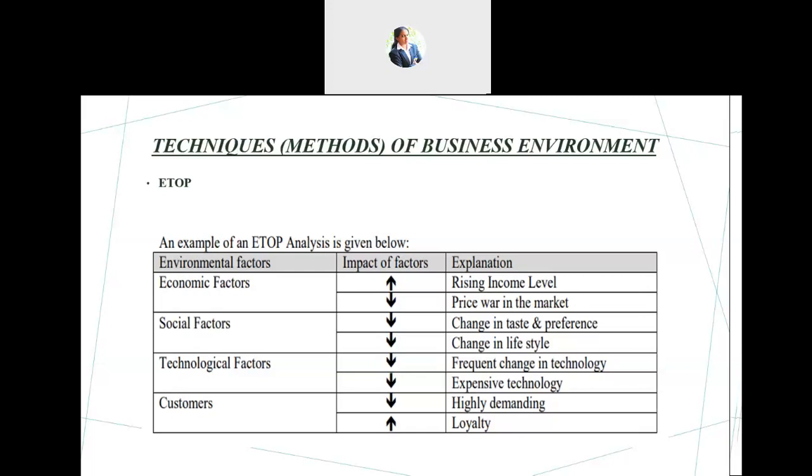Definitely, each organization will have different kinds of factors which would impact it, and for every organization, it depends upon its nature, size, and other factors which would make each factor either less important or more important.